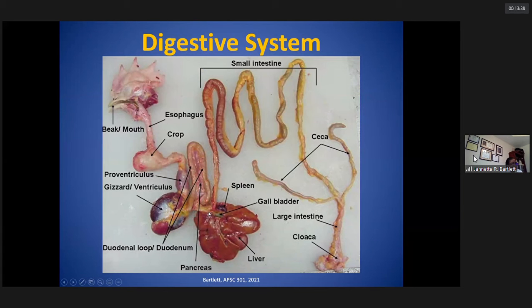And then it continues on, and this other part up here is called the Merkel's diverticulum. All of this part is the jejunum. And then the rest of it from here all the way to the junction where the ceca starts, this is the ileum. So the duodenum, jejunum, and ileum compose the small intestines.